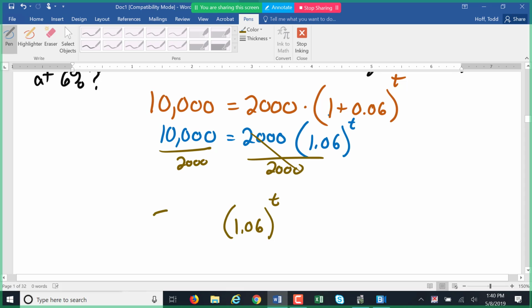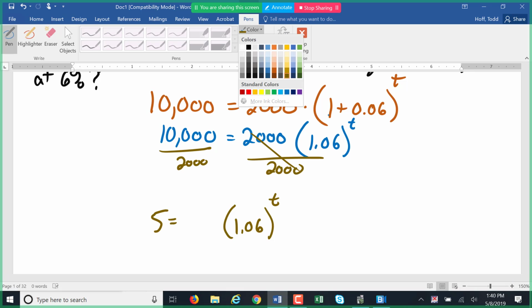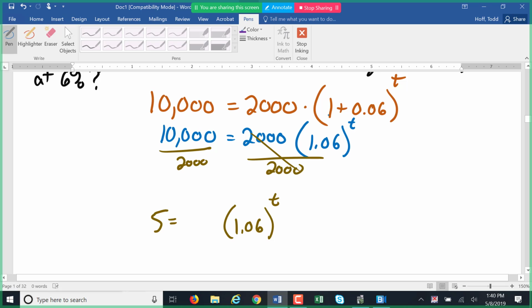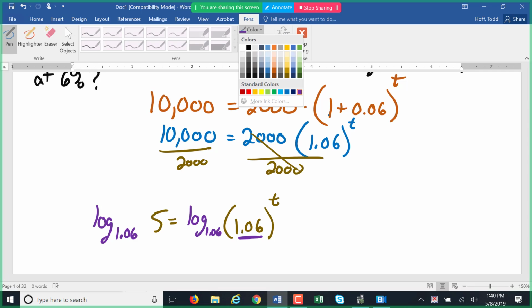Give myself a little room here. Now what do I have to do to get rid of the exponential? It's a log, but log with what base? The base of my exponential is 1.06. To cancel that out, the base of my log also has to be 1.06.